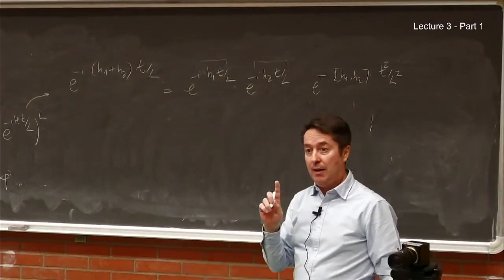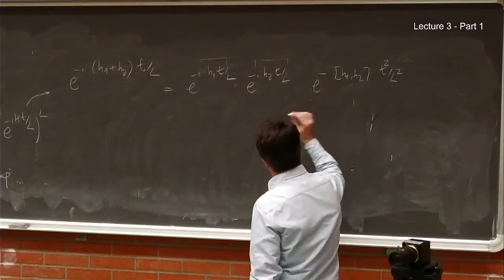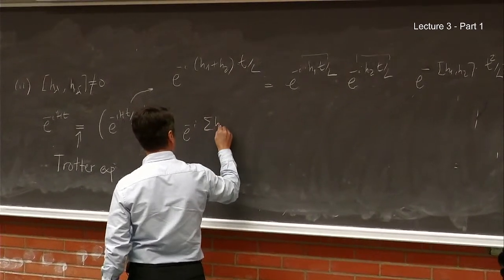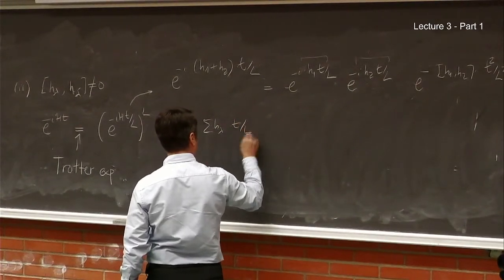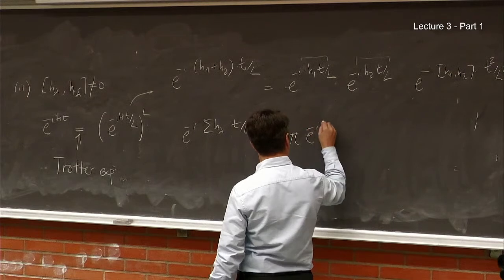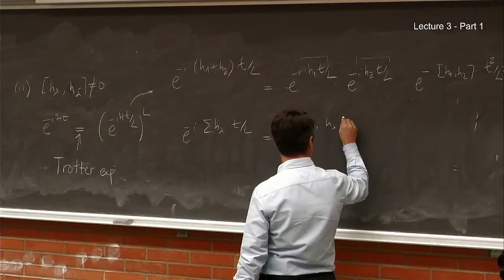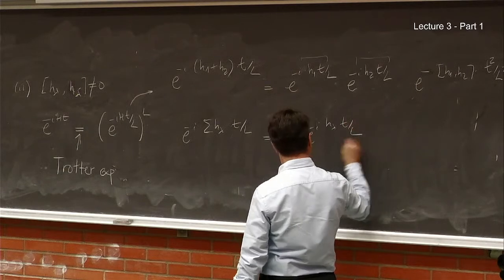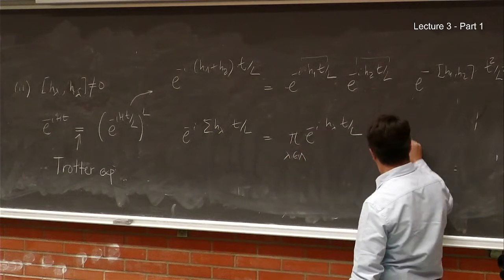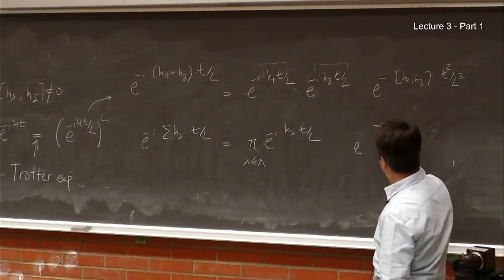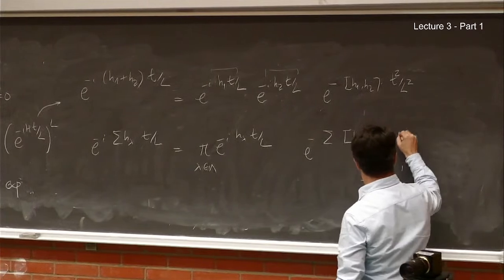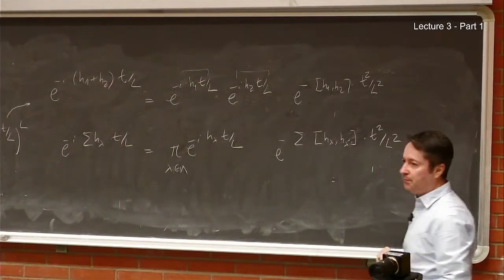Now, if I do it in general, so if I have e to the minus i sum of h lambda times t divided by L, then we can rewrite it as the product of e to the minus i h lambda t divided by L. And here you see that there will be the sum; this will be the commutator in first order, with h lambda prime times t squared divided by L squared.